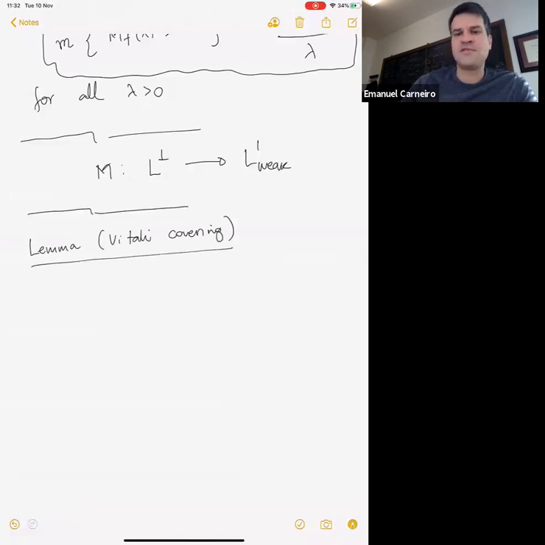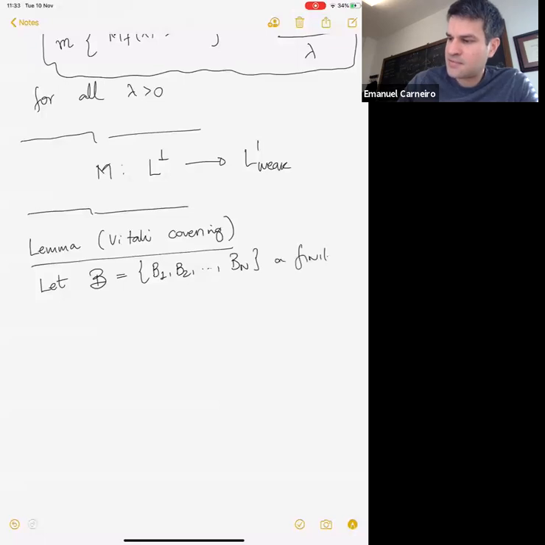The Vitali covering lemma is the following. It's a very basic lemma. We're going to prove this first. So let B, let's call italic B here, say B1, B2, and so on, be a finite collection of balls.